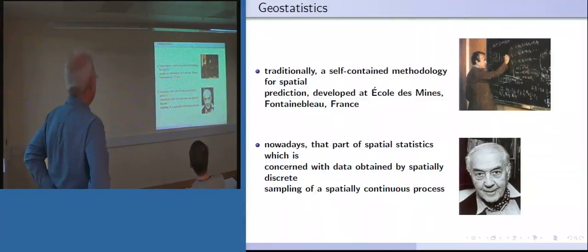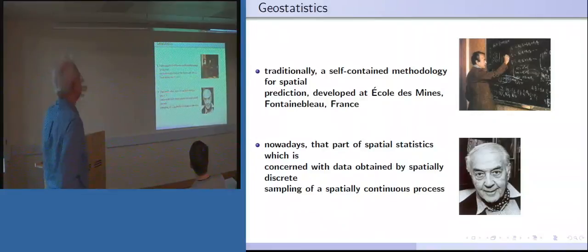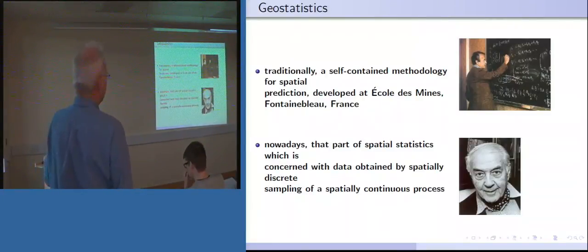He wrote a couple of very nice papers making the link between the language, terminology and methodology of l'École des Mines and those of mainstream statistics. However, he published it in a geology journal. So he was basically telling the geologists that there was this world of statistics that did similar things to what they did, but the statisticians of course didn't read that either.